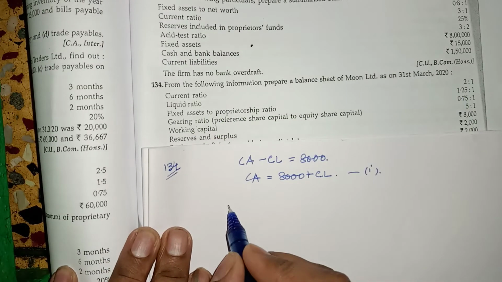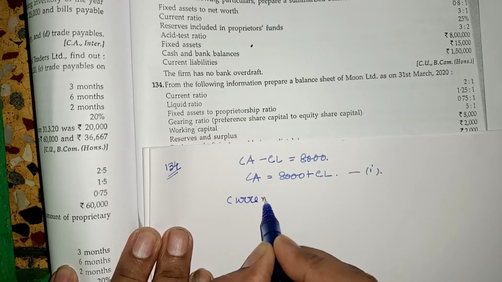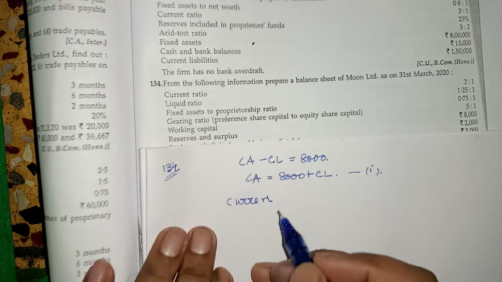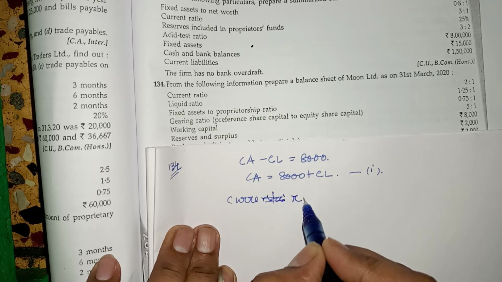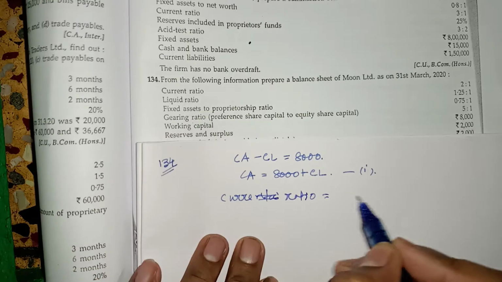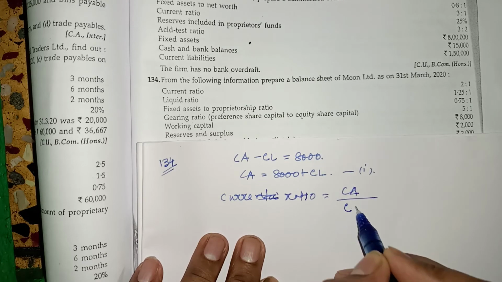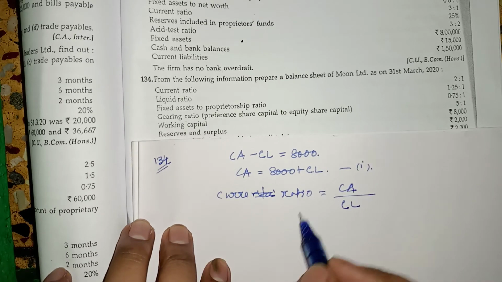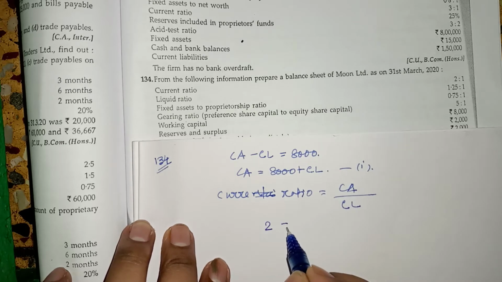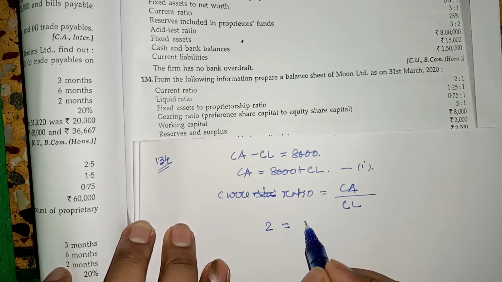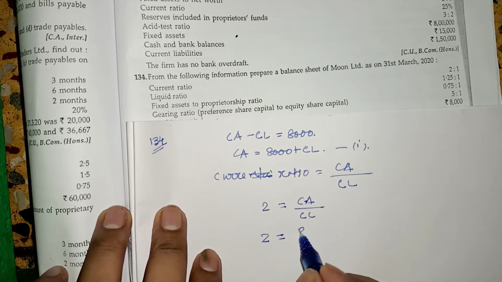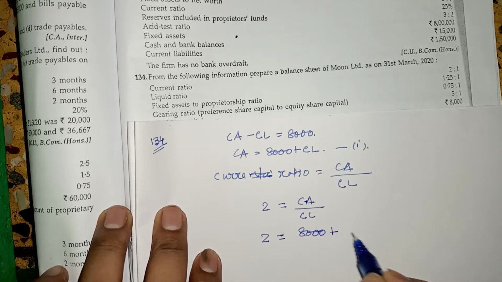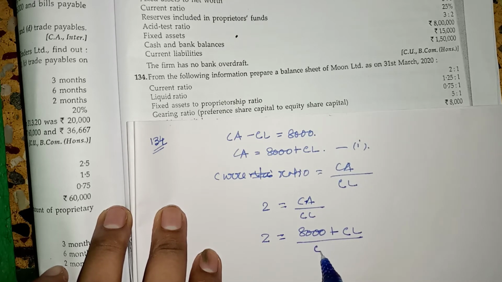Now we know the current ratio. Current ratio is equal to current assets by current liabilities. So instead of current assets, we can write 8000 plus CL by CL.